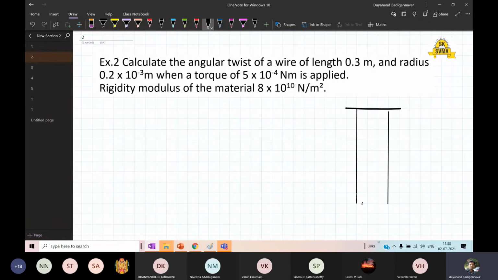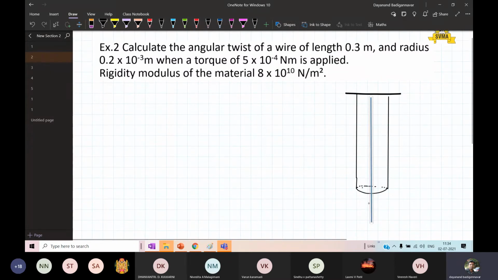Calculate the angular twist. A cylindrical wire is there like this, of length 0.3 meters. This is the axis of the wire.